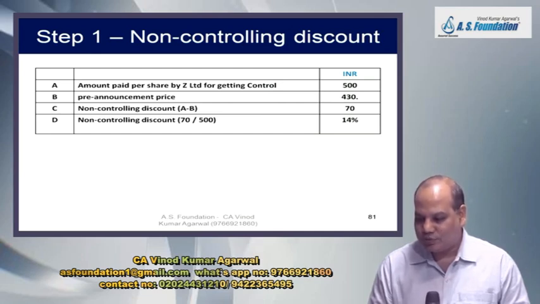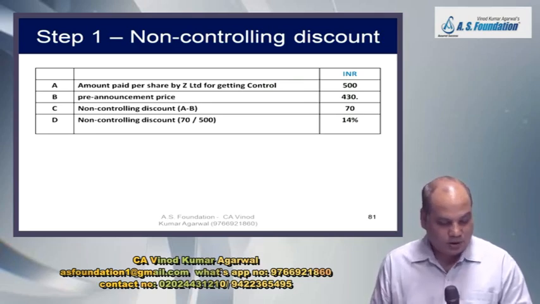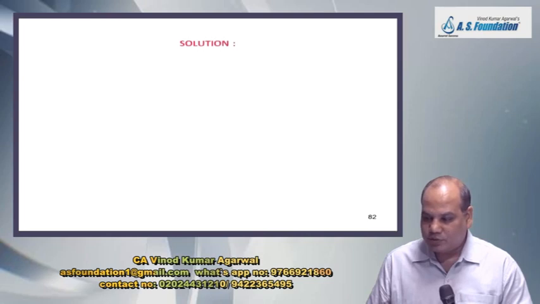Point C, non-controlling discount, A minus B: 70. Point D, non-controlling discount percentage: 14%. And one more adjustment we have to do in the next working note. Long-term loan of 5 crore rupees is given to you.